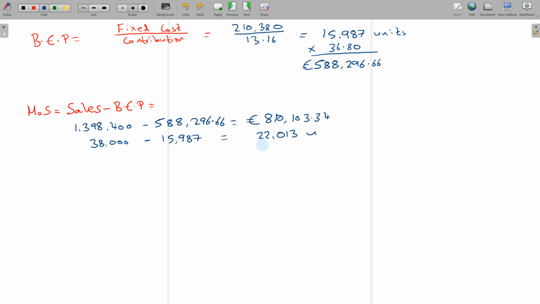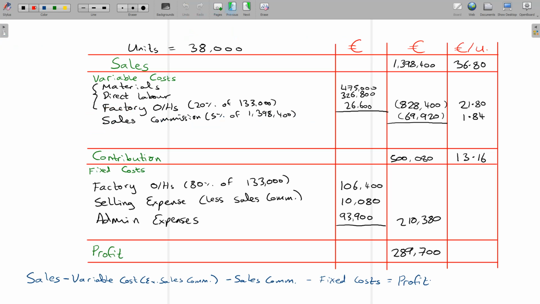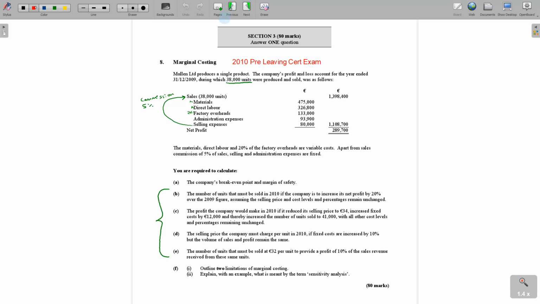We sold 38,000, so 22,013 units is how much further we are from the break-even point. So they are good metrics to use. So that's A. Not too long if you're not, I guess, explaining it as you go ahead. Now we're going to do B. So I'll just zoom in a bit.